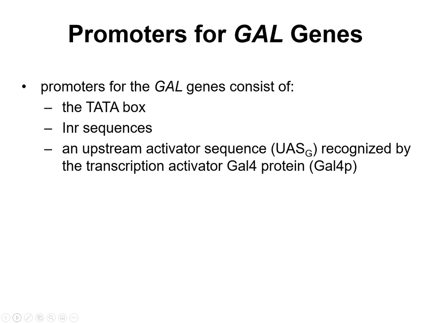This one is specific for galactose and is recognized by the transcription activator Gal4 protein, which, as a reminder for yeast, anytime you see a P at the end of something, it's capital letter, lowercase letters, a number, and then the letter P, we're talking about a protein. Whenever you see italics, like the GAL genes, then you know that you're talking about a gene.